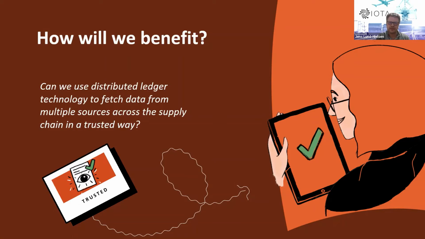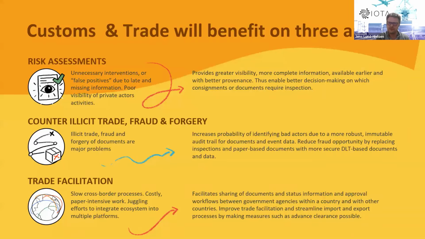And maybe next slide, if we just take the customs themselves, we ask them, why would they want this technology? Some of the most important reasons were early detection of information or lack of information, which allows them to do risk assessments early on.